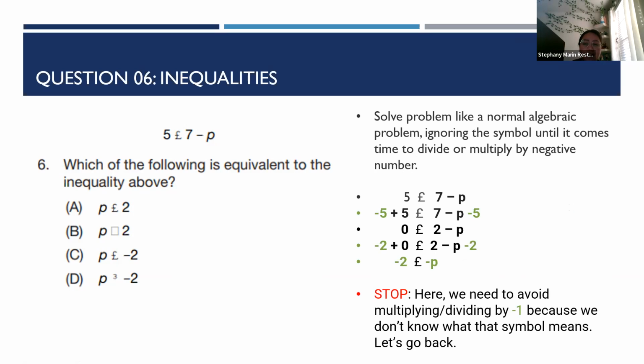To start off, you would solve the problem like a normal algebraic problem, ignoring the symbol until it comes time to divide or multiply by a negative number. You begin by subtracting 5 from both sides, and then you get down to 0 British pound 2 minus p. Here I subtracted 2 from both sides, and I got down to -2.